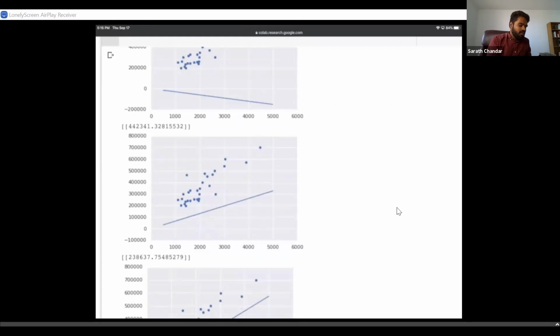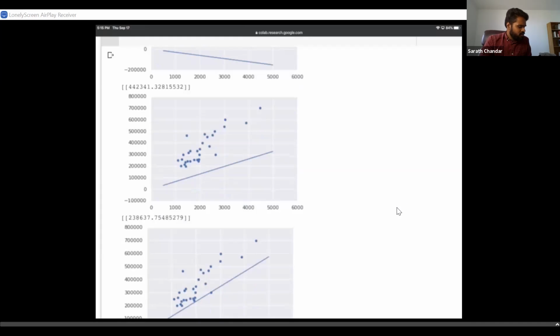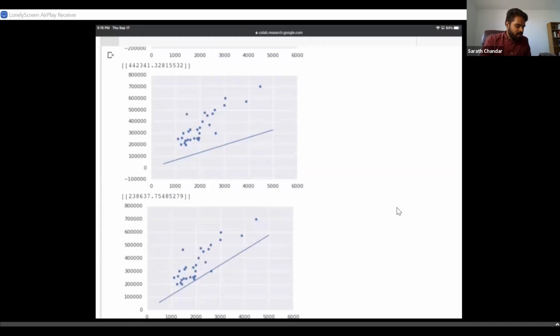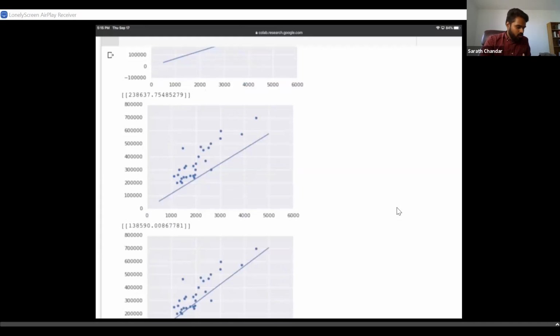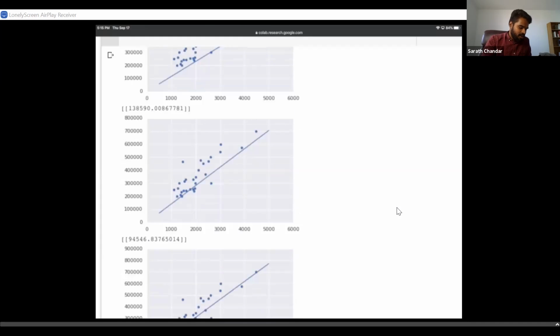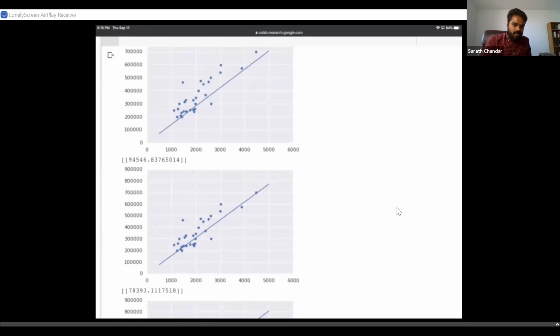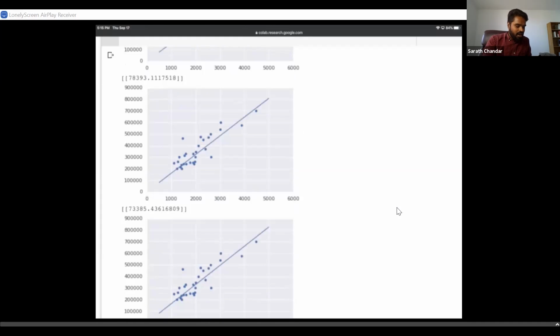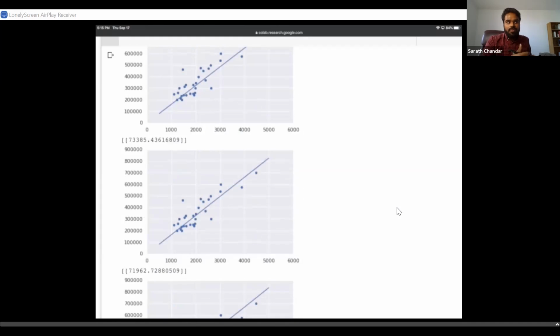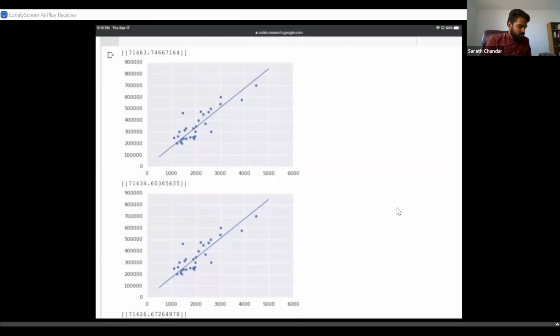You can also see that the mean square error, or I think this is RMSE, is reducing as we go. For example, here it is 238,000, then it becomes 138,000. And now the line is already very close to the optimum, right? After several steps of this, eventually it converges.